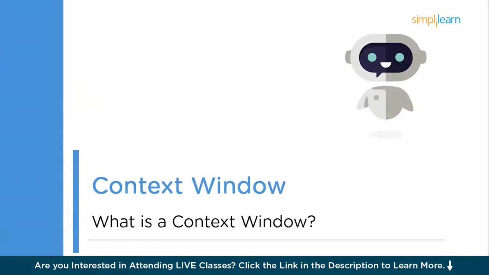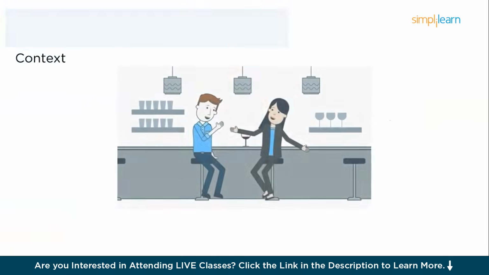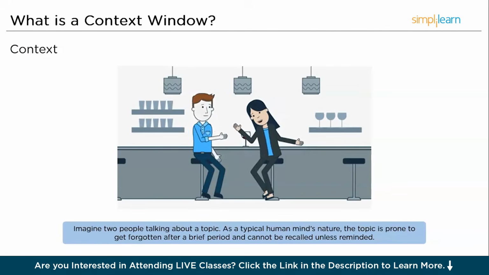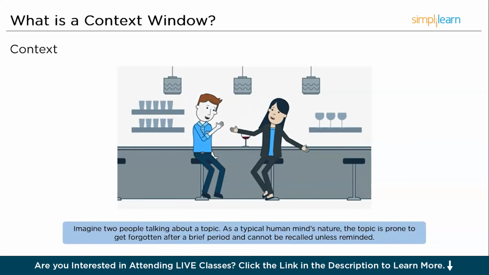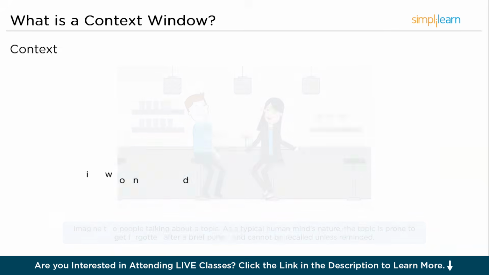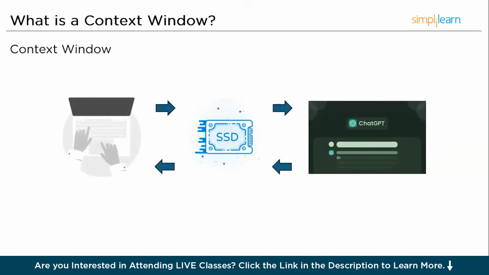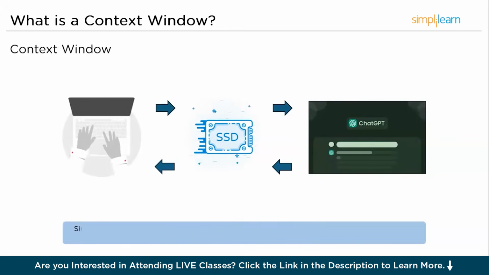What exactly is a context window? Imagine two people are talking about a topic. As a typical mind's nature, the topic is prone to get forgotten after a brief period of time and cannot be recalled unless reminded. Similarly, if you are talking to an LLM, the same can be expected. It also has a memory, right?